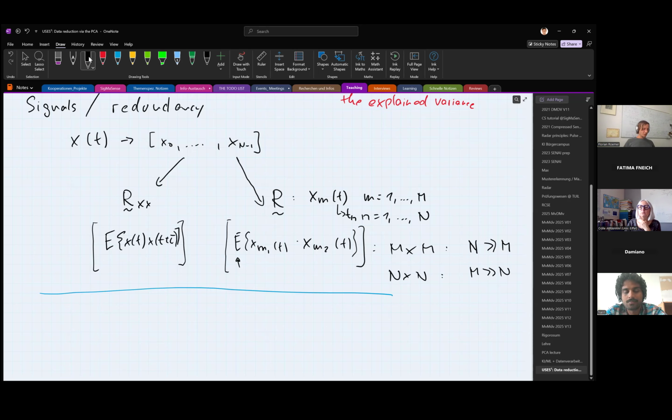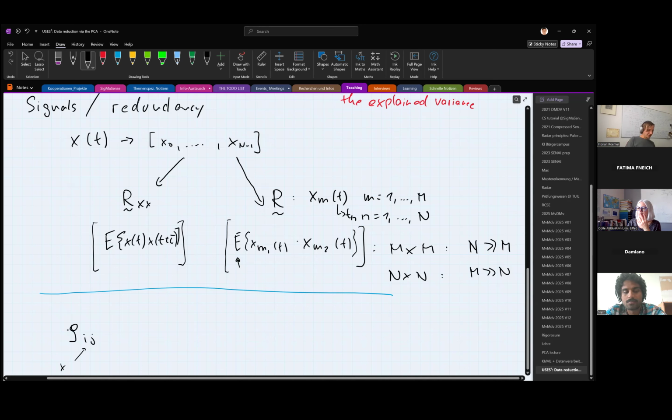So in general, what we want to look at is actual correlation coefficients. And how is a correlation coefficient defined? Let's say, again, instead of m1 and m2, I'm going to use i and j just because I think that's a little bit easier to write. The correlation between two different channels. So that's the correlation between x_i(t) and x_j(t).